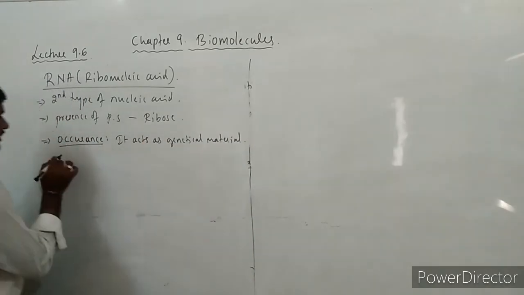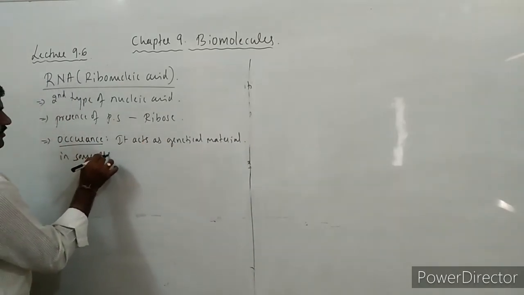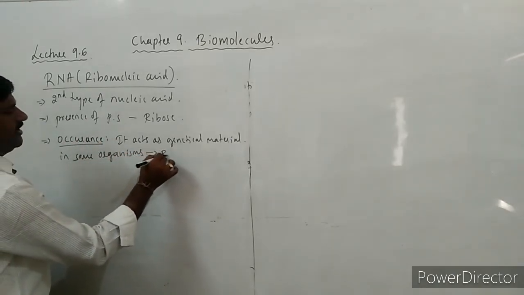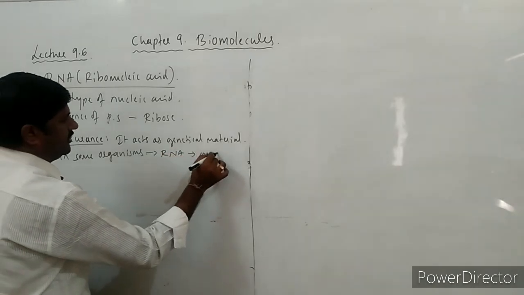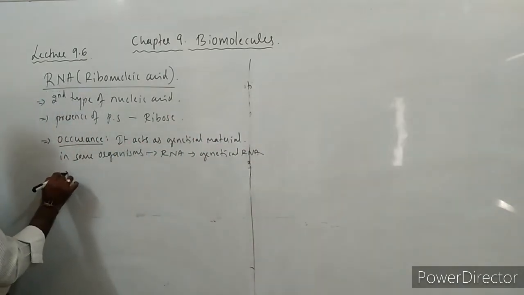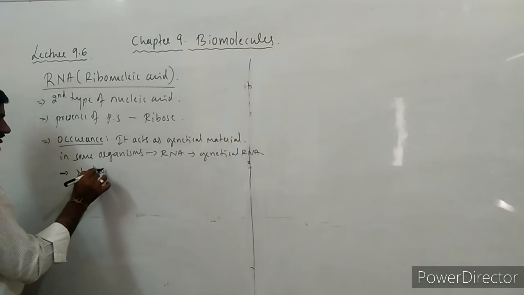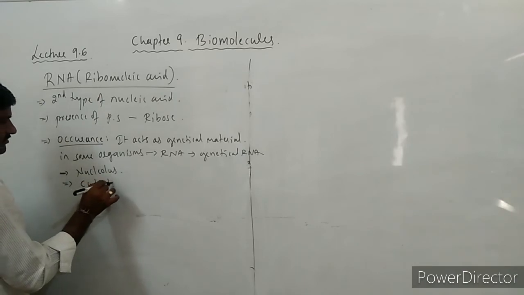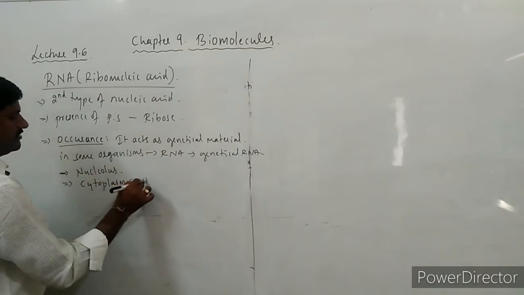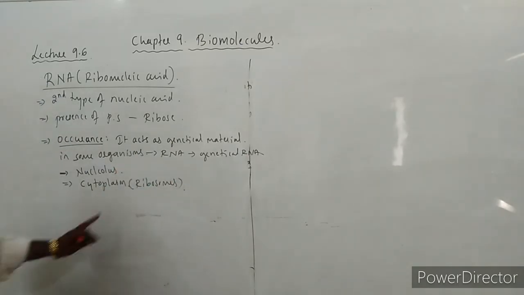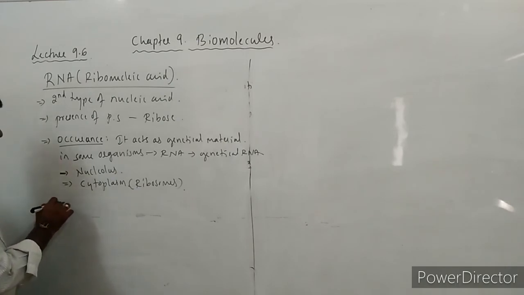It acts as genetical material in some organisms, and such RNA is called genetical RNA. RNA is present inside the nucleolus. It is also present inside the cytoplasm, that is, inside the ribosomes. This way RNA is occurring there.